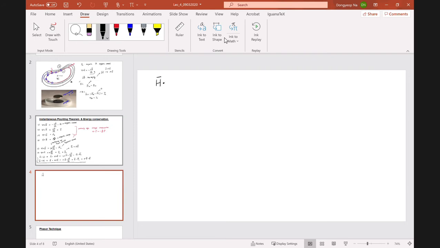H dot curl E minus E dot curl H field. This is the left-hand side of the resulting equation.